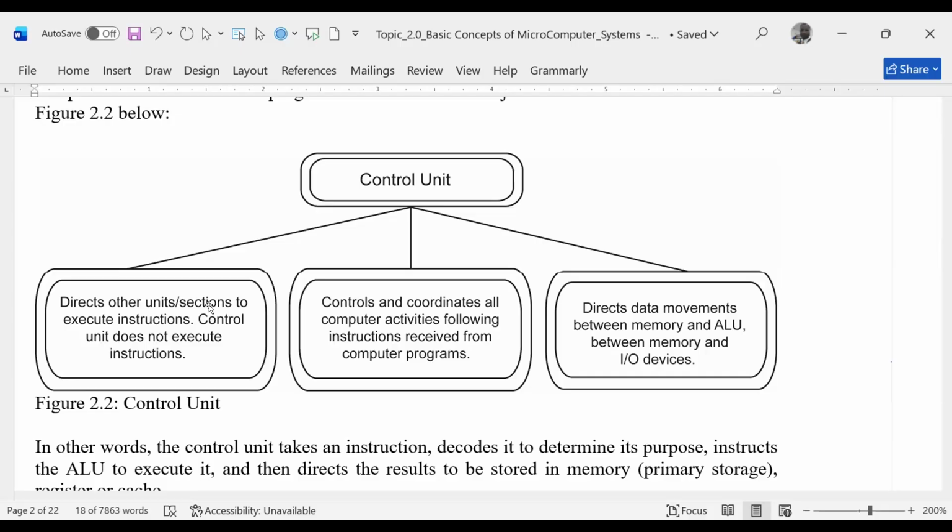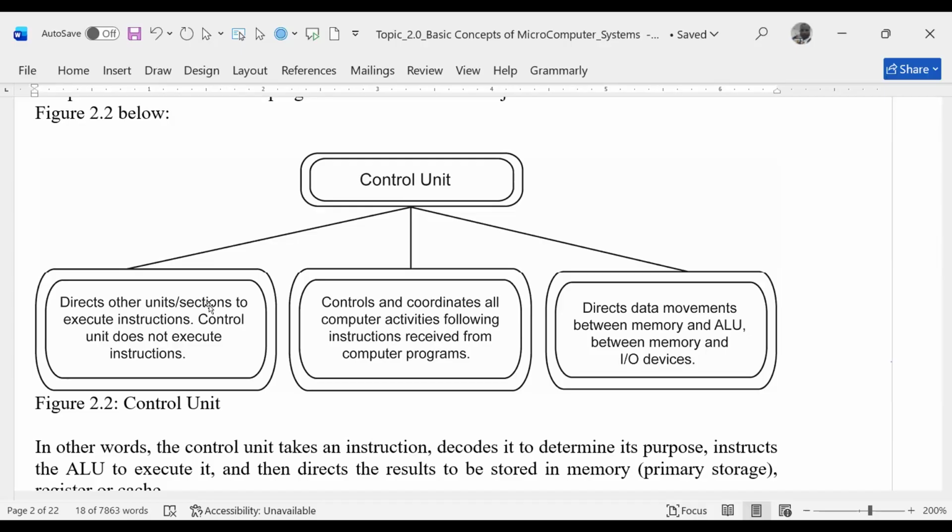The CU coordinates and controls all the computer activities once an instruction is received from the user. Once you give any instruction, it's the CU that coordinates and controls all these things for the job to be done for you. It's the CU that directs movement of data between memory and the arithmetic logic unit, and also between memory and input-output devices.